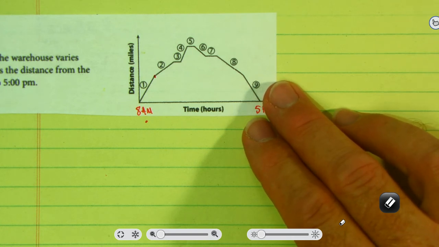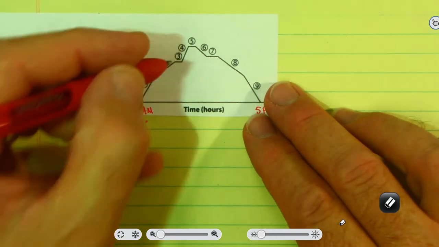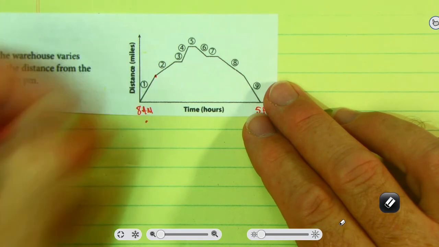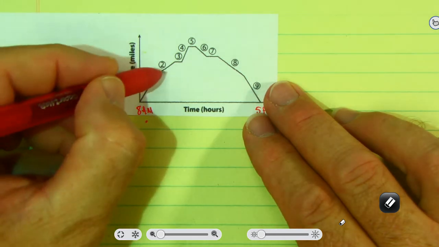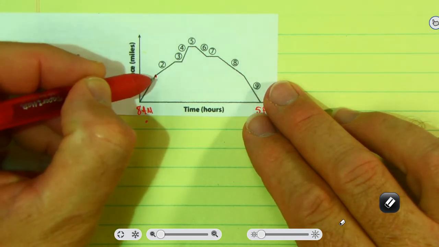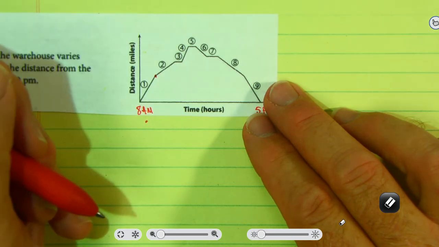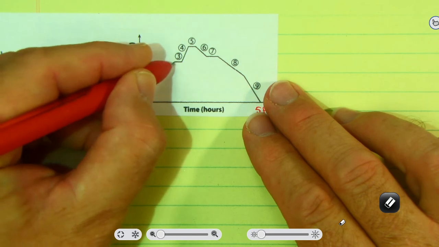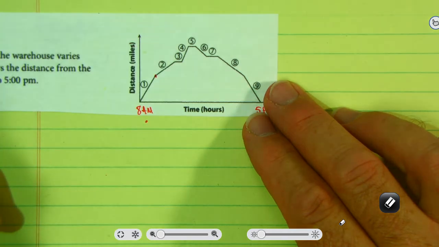Well, if it starts at the warehouse and the distance gets farther, it has to be moving away from the warehouse. This line is fairly steep, and then on the second segment, it's not quite as steep. So in that period of time, it hasn't quite gone as far.